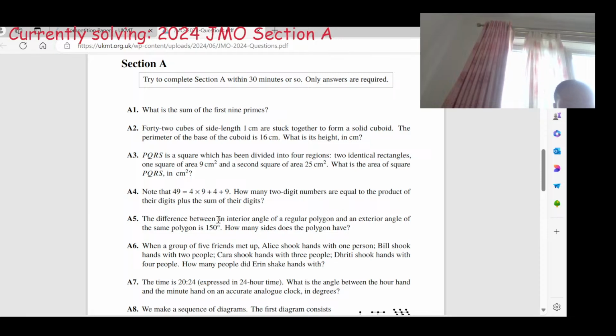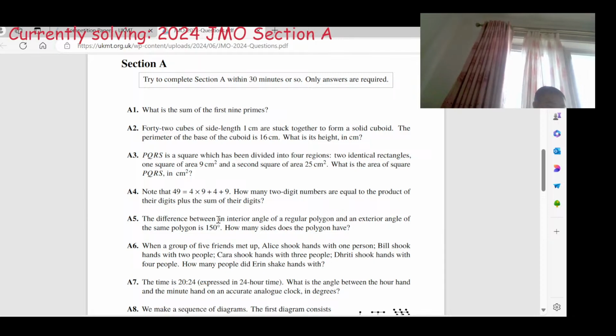The difference between an interior angle of a regular polygon and the exterior angle of the same polygon is 150 degrees. How many sides does the polygon have? Well, the interior angle and the exterior angle add up to 180, so the interior is 165, exterior is 15.